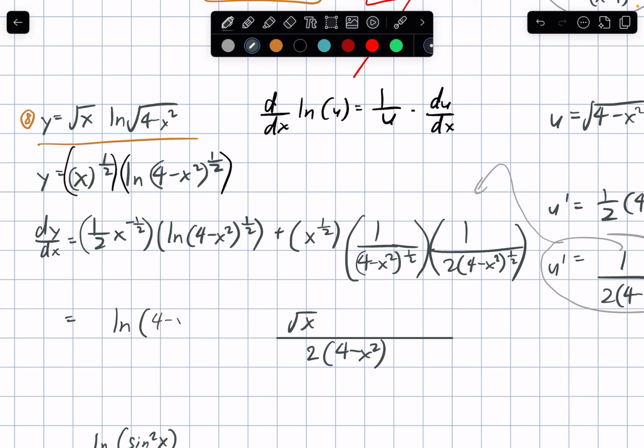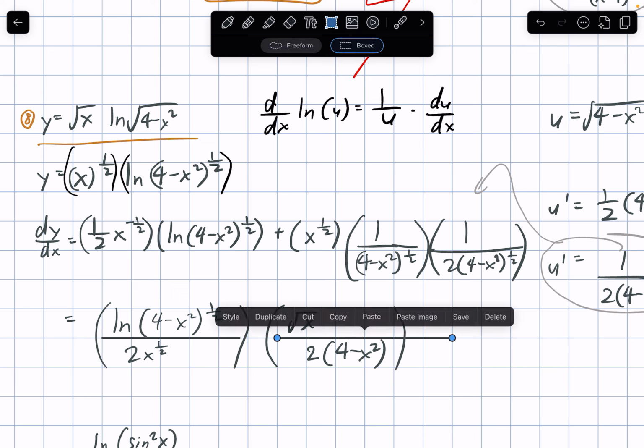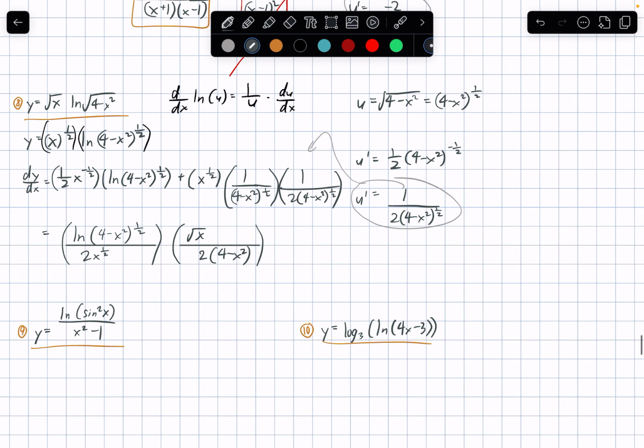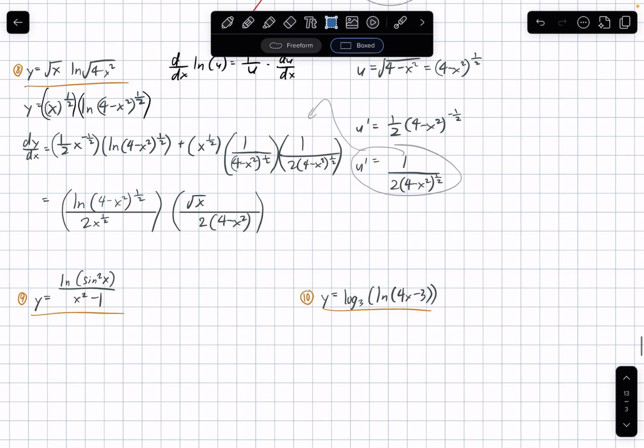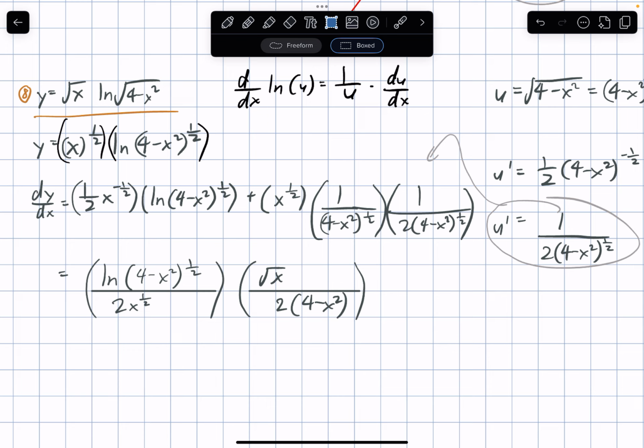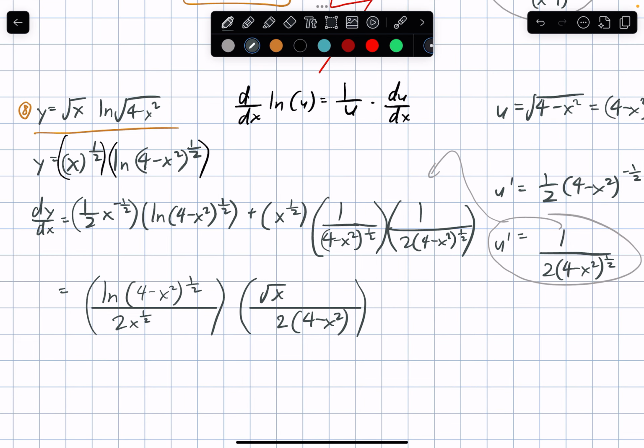Ln 4 minus x squared raised to 1/2 divided by. I think that's it, chat. Let's see.